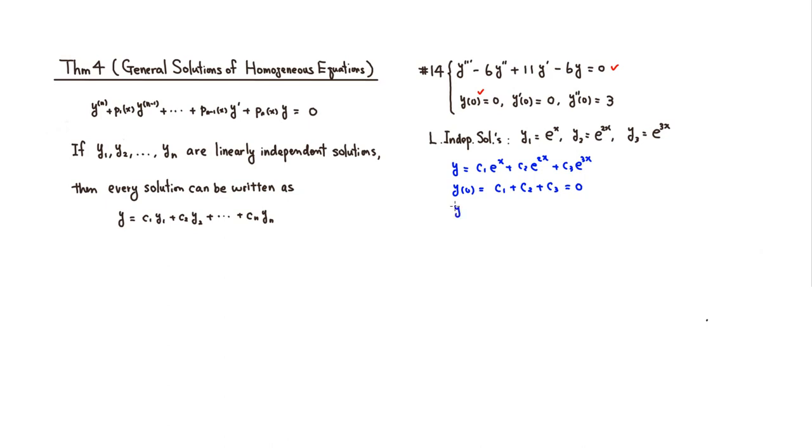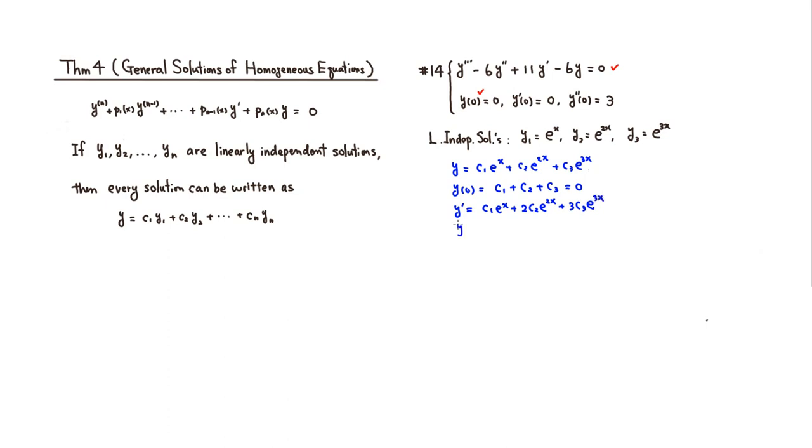If you take the derivative of y, the derivative of e^x is e^x, the derivative of e^(2x) is 2e^(2x), and the derivative of e^(3x) is 3e^(3x).